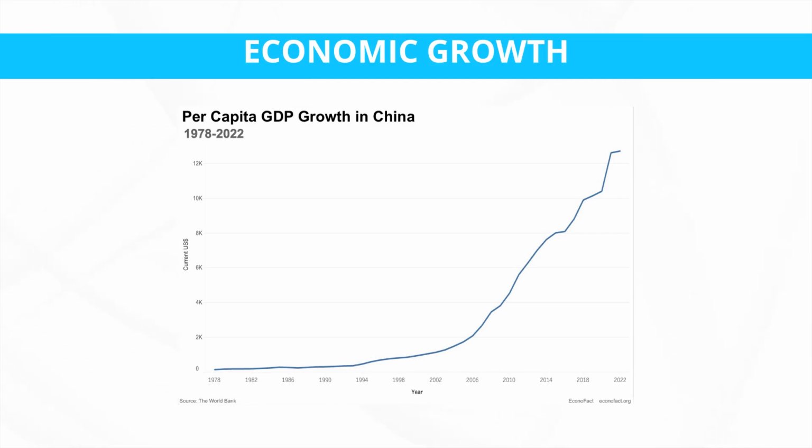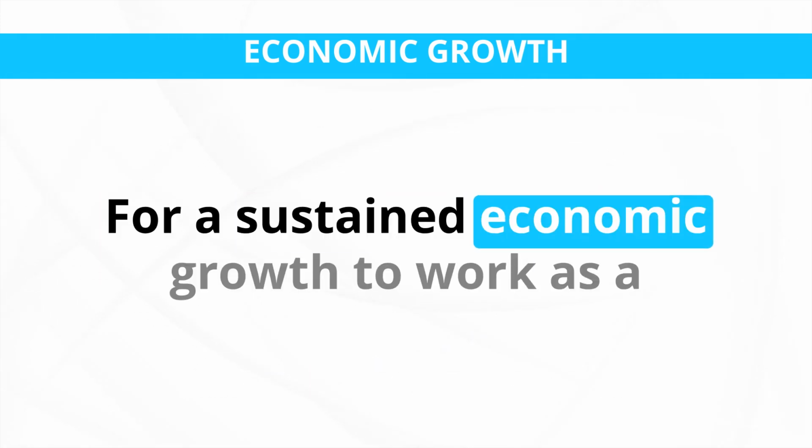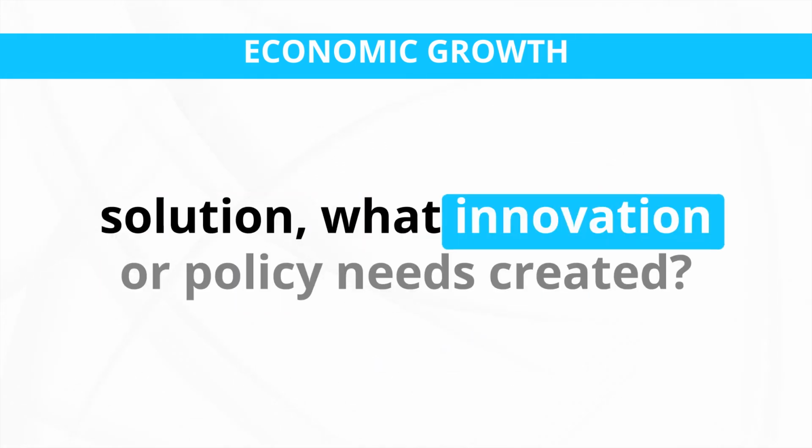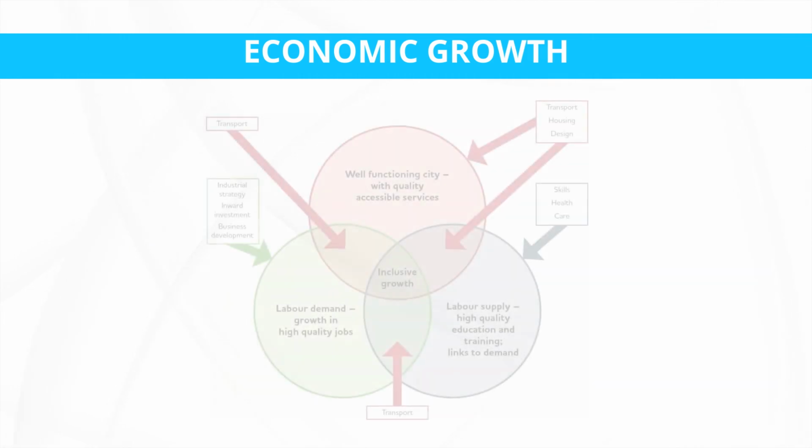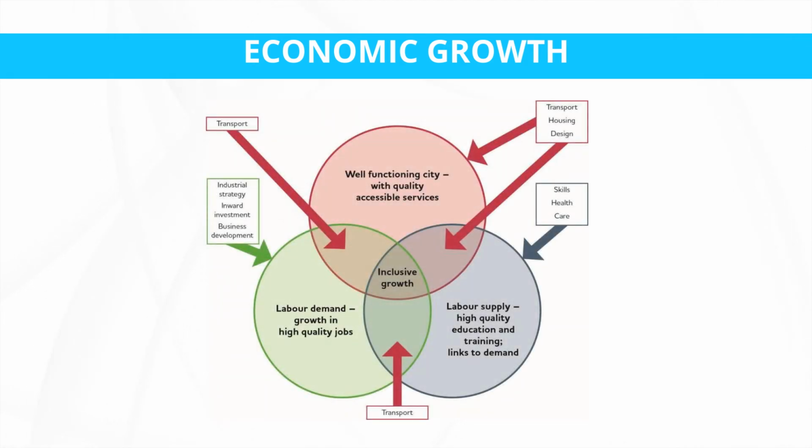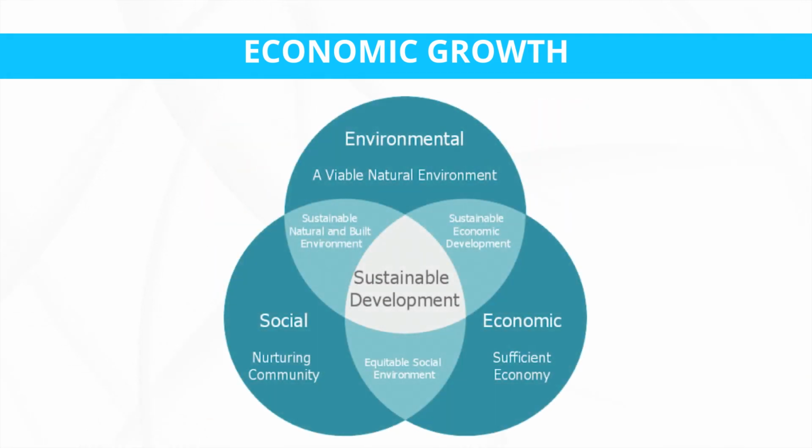For sustained economic growth to work as a solution, what innovation or policy needs to be created? Inclusive growth strategies. Policies should prioritize equitable distribution of wealth and ensure that the benefits of growth reach the most vulnerable segments of society. Sustainable development.